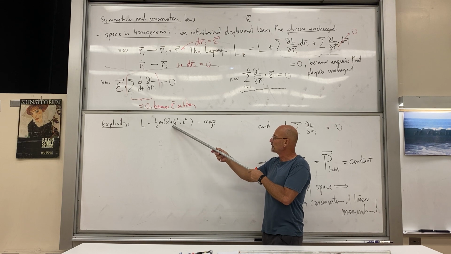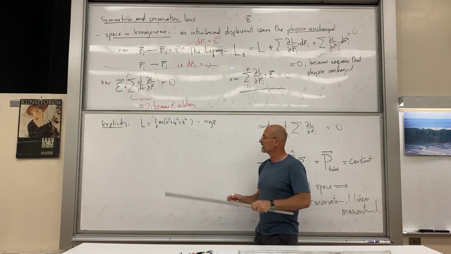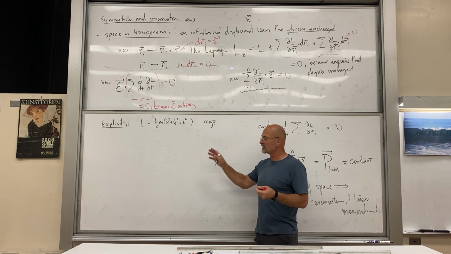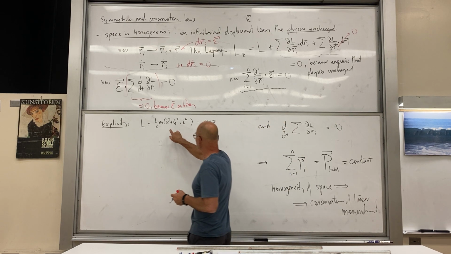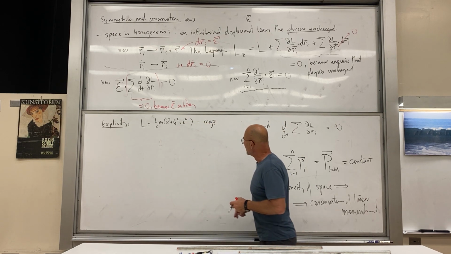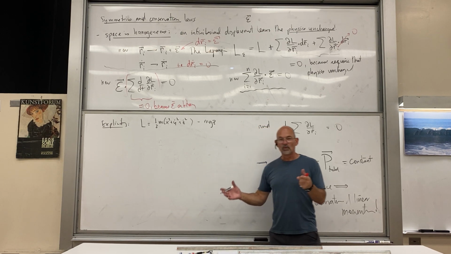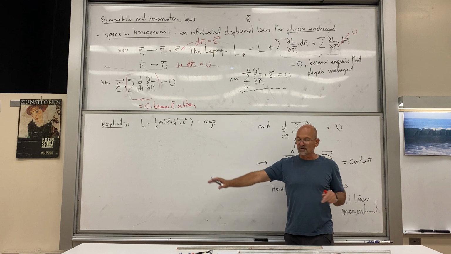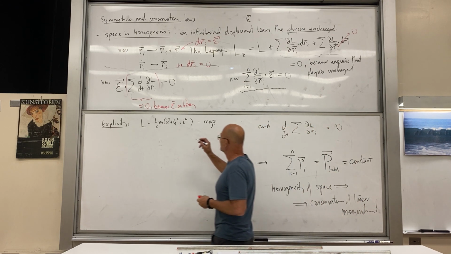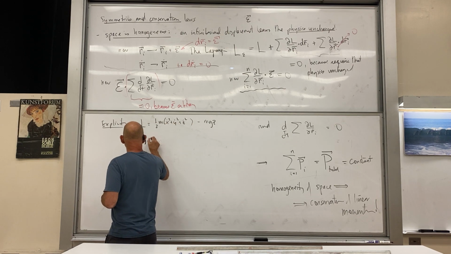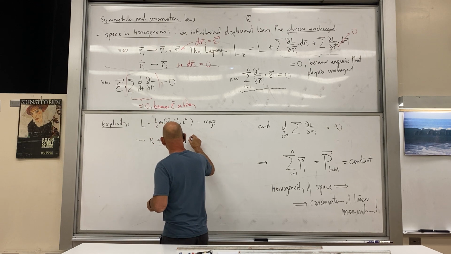And of course, you could do a translation anywhere in x and y without change, and that's why those components were conserved. In fact, it wouldn't even have to be infinitesimal. You could do a major one. You'd have the same argument. So then P sub x and P sub y are conserved.